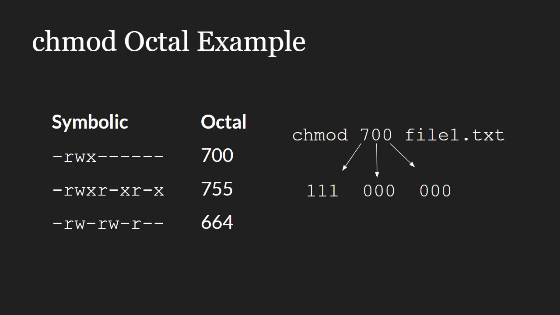Okay, so let's say that we have the command chmod 700 file1.txt. Let's decipher this now. So 700 in octal will be converted to individual binary codes, and that will come out to 111 for 7, 000 for 0 and again 000 for 0, which can further be deciphered into rwx for user, --- for group and again --- for others.